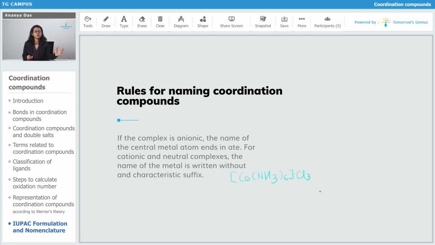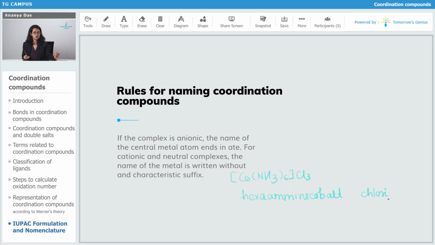In this, the complex is a cationic complex. Cobalt is present within a cationic complex. So in writing the name of the complex, you will write hexaamine cobalt and then give a space and then write chloride.